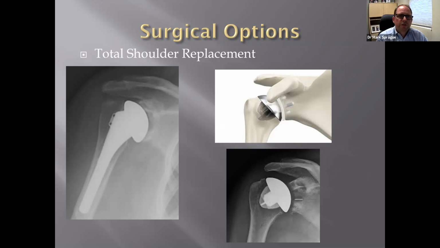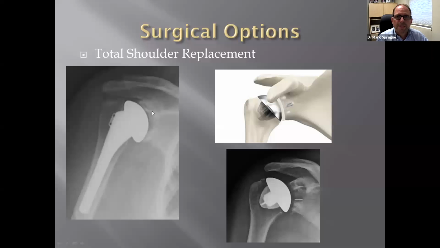And in the traditional shoulder replacement, as you can see here on the left, we replace the patient's ball with an artificial ball, and then replace the patient's socket, which is plastic, so you don't see it on x-ray as well, but we replace the patient's socket with a plastic socket. This one on the left is an older design, more like a version 1.0.